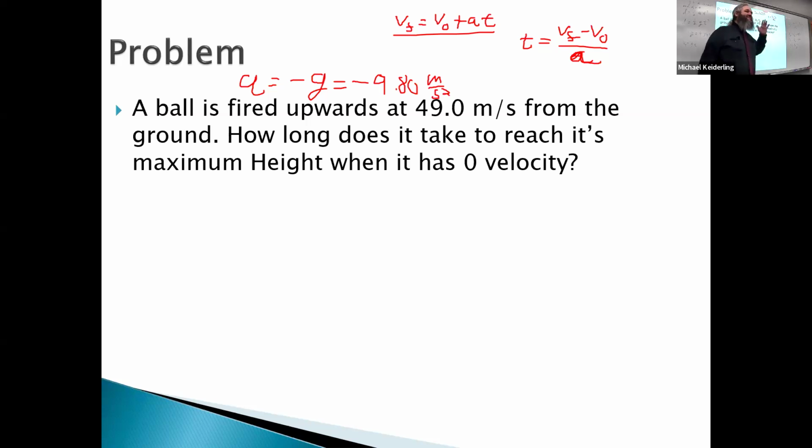And that doesn't really make sense. So we're going to use this equation in one of its forms to find the time. Well, you work on that for a minute or so.